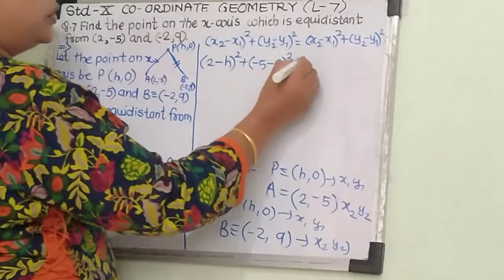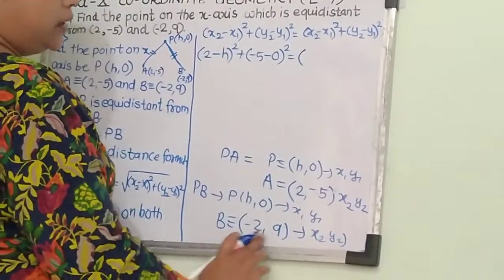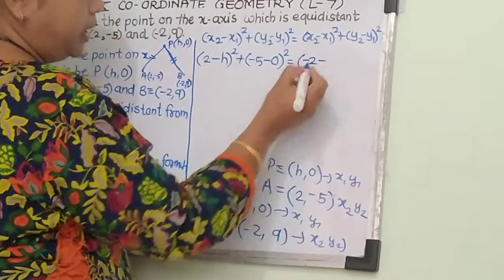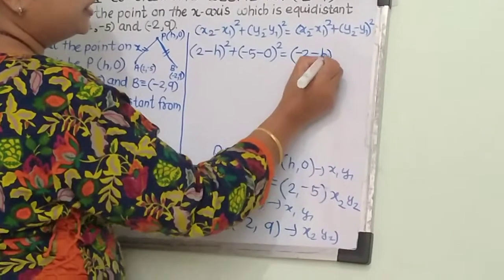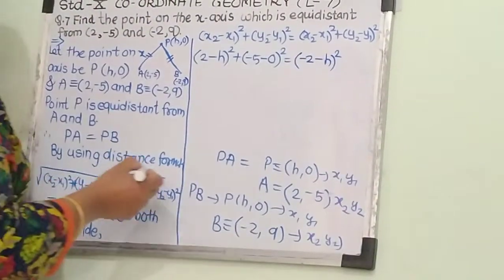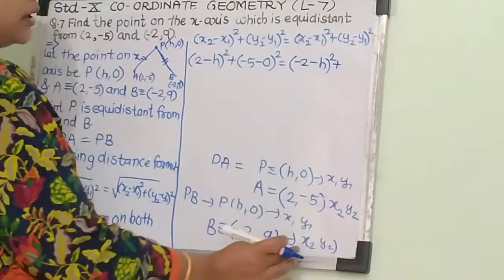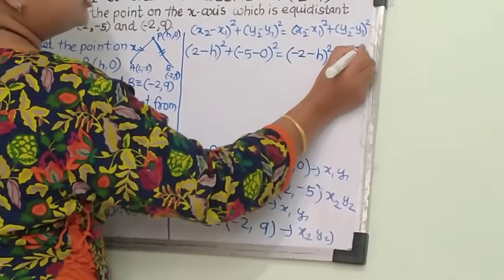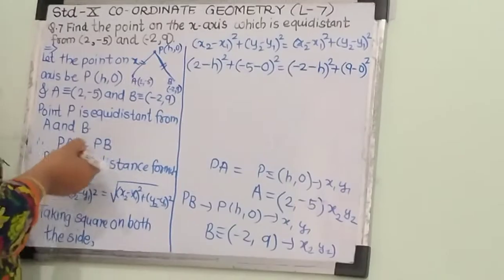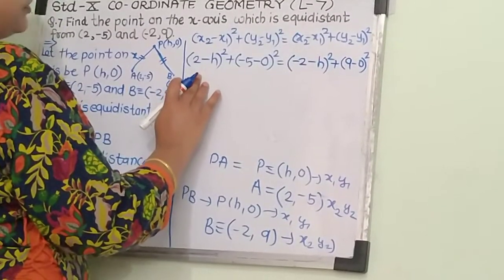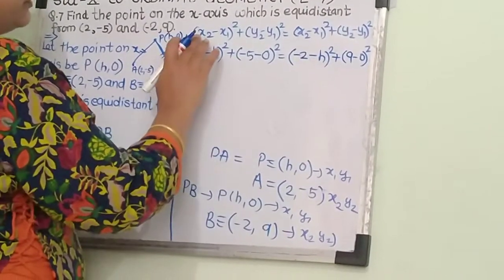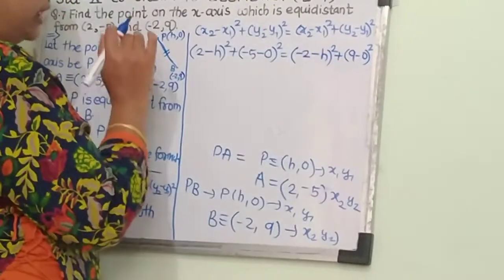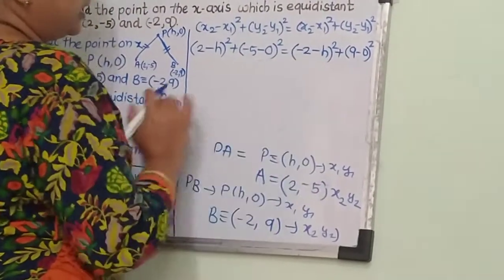So we can substitute now: x2 is minus 2 minus x1 will be h bracket square plus here y2 will be 9 minus 0 bracket square. So once we put the value of x2 y2, x1 y1, now we are going to solve this bracket.